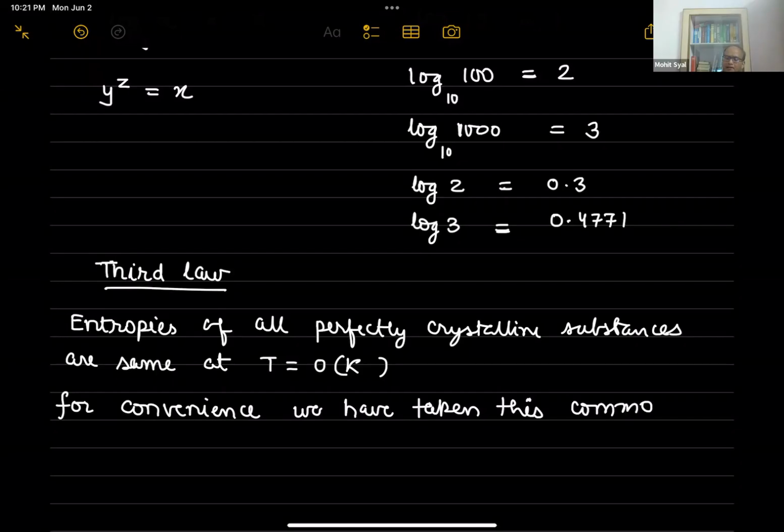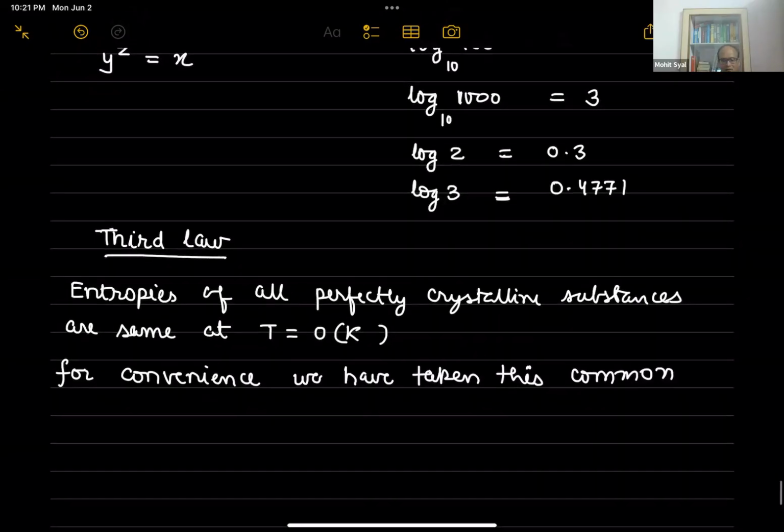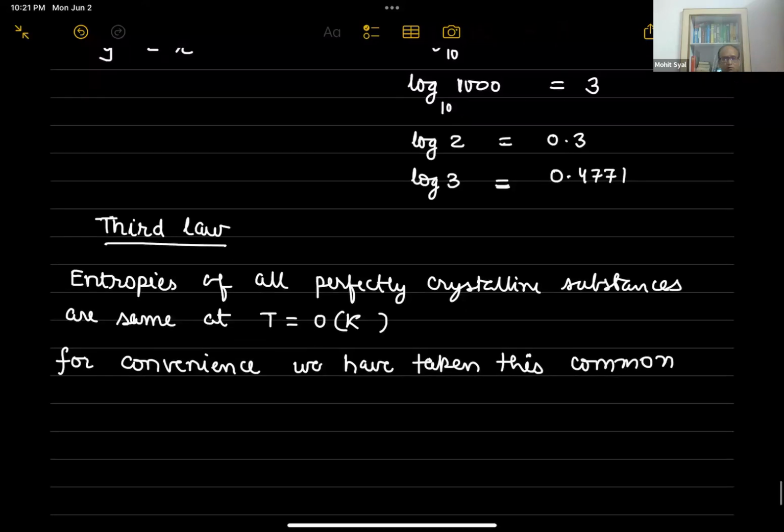And this is also very easy to understand. We discussed one point. With that point, we can correlate how this law came. So for convenience, we have taken this common value to be 0. So the third law becomes: the entropy of all perfectly crystalline substances is 0 at 0 Kelvin.